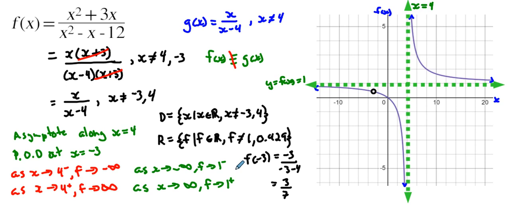So this is covering, I think, a fairly complete description of what we started with and what can be asked of you in these types of problems, right? You can be asked to simplify and state restrictions. You could be asked whether or not it's equivalent to another function. You could be asked to sketch the function, right? And this has the general shape of a reciprocal function. You could be asked domain and range of the function you've been working with.